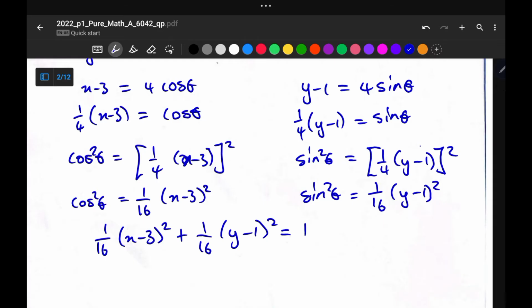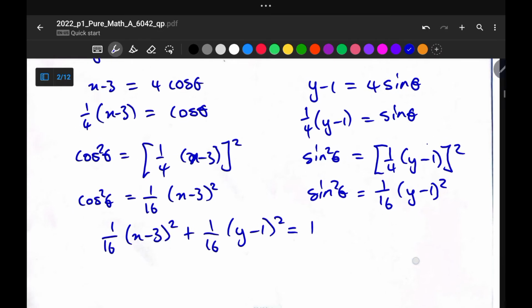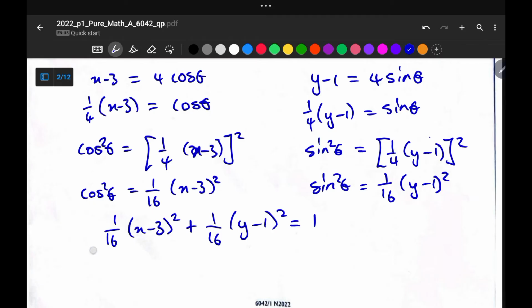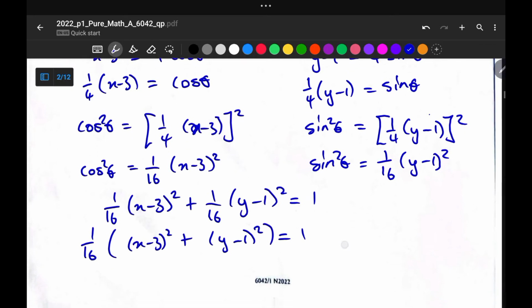As you can see, we have 1 over 16 as our common factor, so we can simply factor it out to say it is now 1 over 16 times [(x minus 3) squared plus (y minus 1) squared] equal to 1. Let us multiply both sides by 16 to say it is now (x minus 3) squared plus (y minus 1) squared equal to 16.